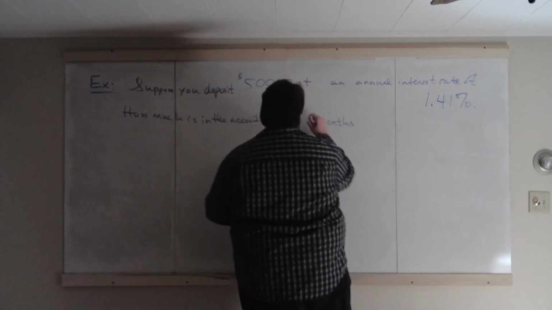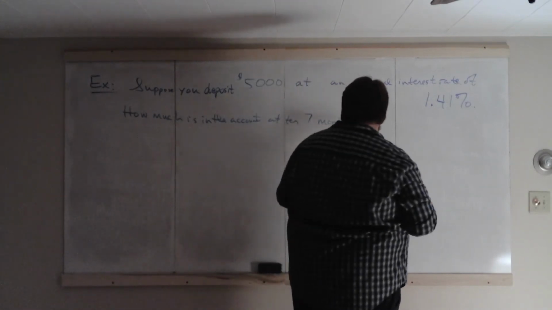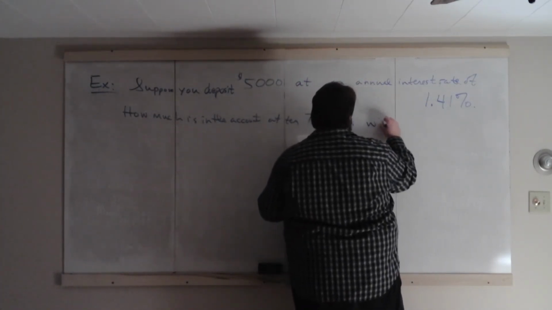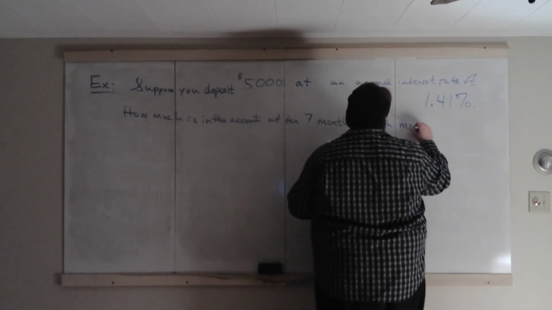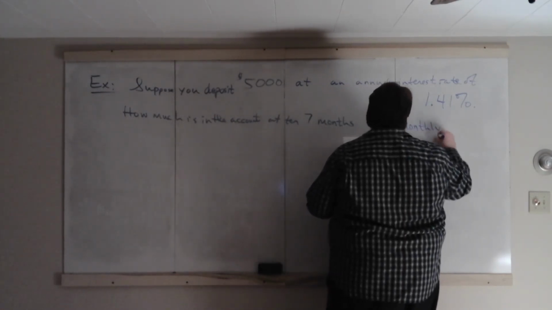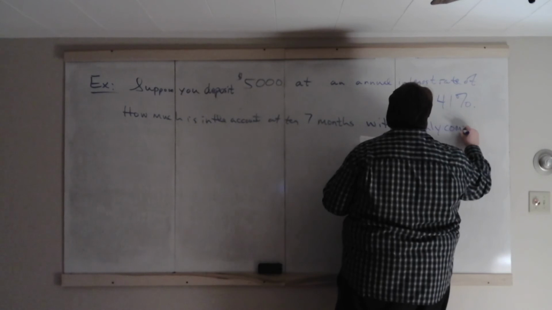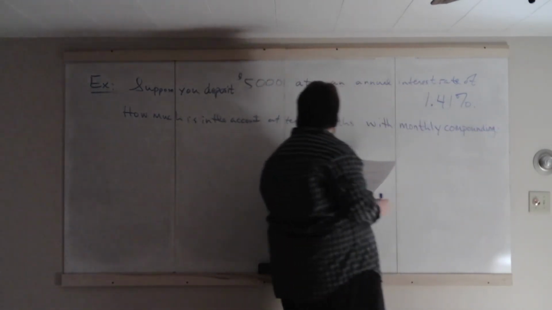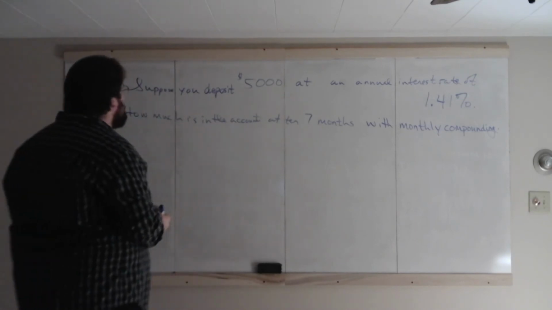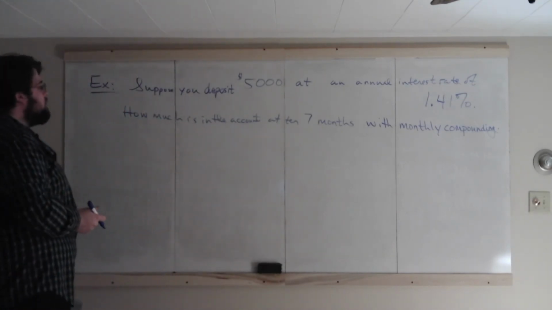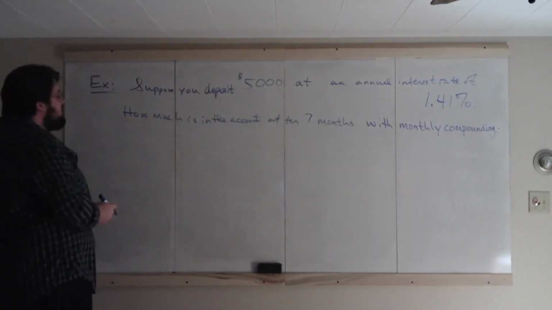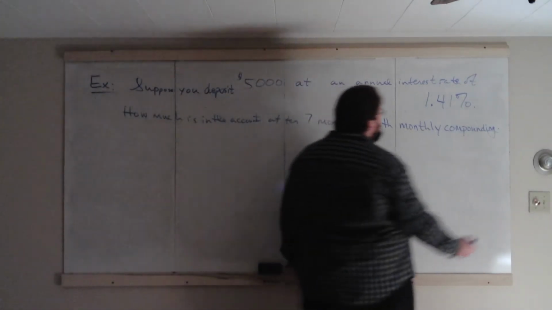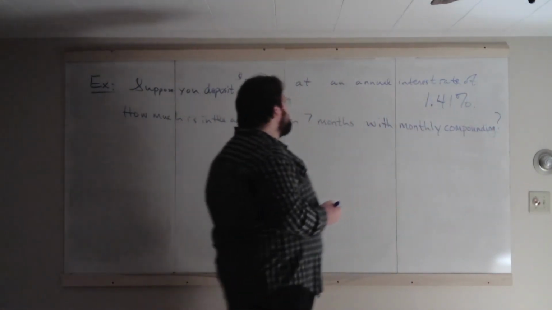After 7 months, I didn't want the fraction to reduce. So let's reread this question, make sure I wrote it right. Suppose you deposit $5,000, annual interest rate 1.41%. How much is in the account after 7 months with monthly compounding? And I did not write that correctly because I need a question mark.